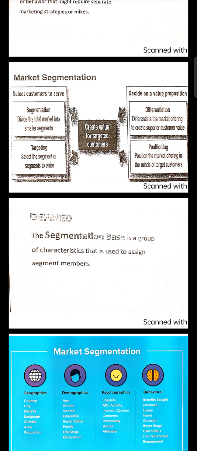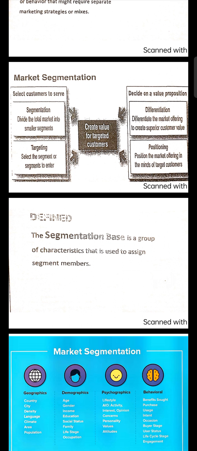Or maybe differentiate them by age, like 30 years old and above, or the group of 20 to 30 years old, and the group of 20 years old and below.